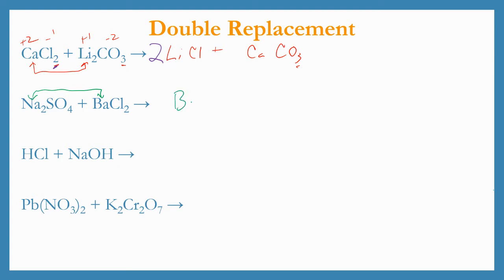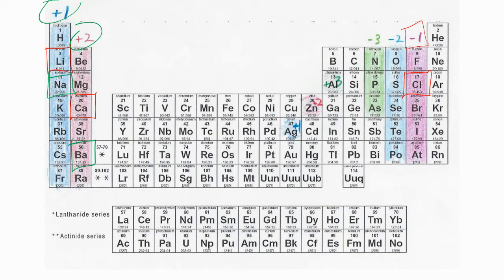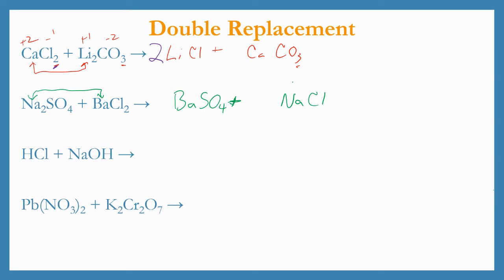So barium is going to get with the sulfate, and sodium is going to get with the chlorine. Sodium is +1, chlorine is -1, so a 1-to-1 situation works fine to neutralize the charge to 0. Barium is +2, sulfate is -2.